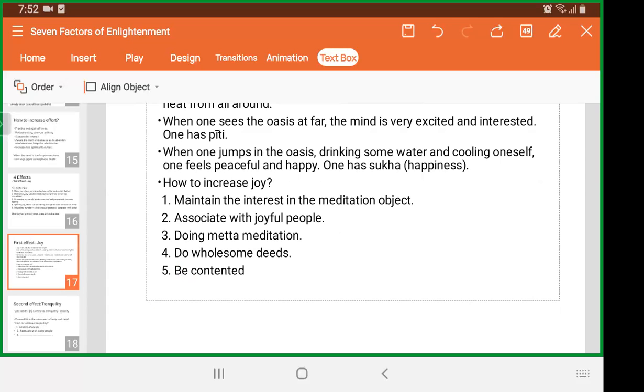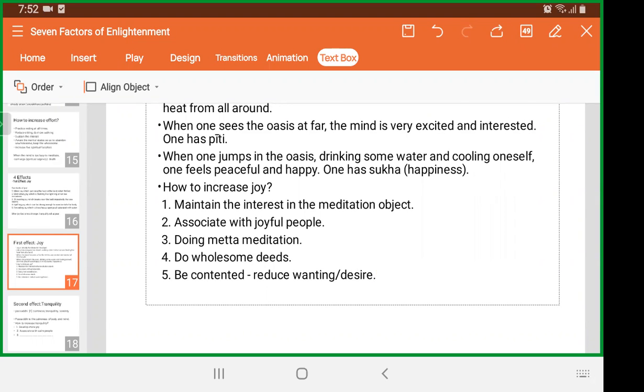Be happy with what we have instead of always wanting more and more. Yes, good. So be contented, reduce wanting, reduce desire, and so on. That's right.